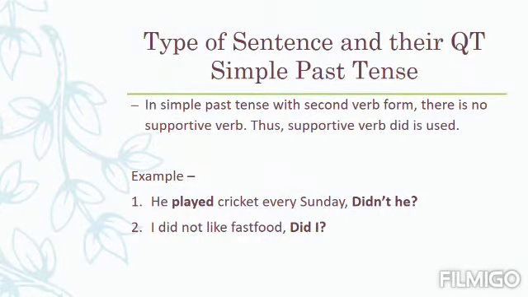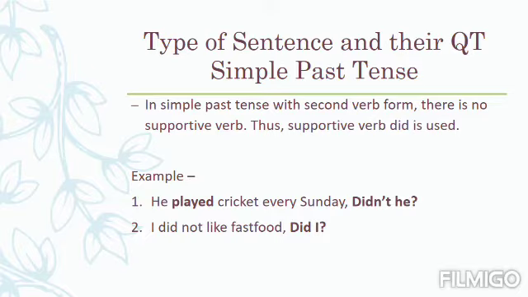The next point to be considered is the types of sentences and their question tags. First of all, we will try to make the question tag of simple past tense. In the last video lesson, we had learnt how to make the question tags of simple present tense. Here we are beginning with how to make the question tag of simple past tense sentences.